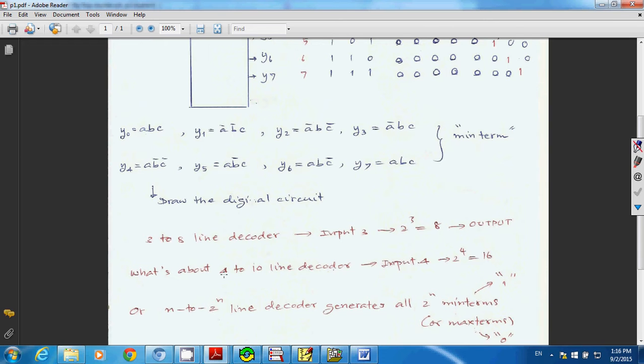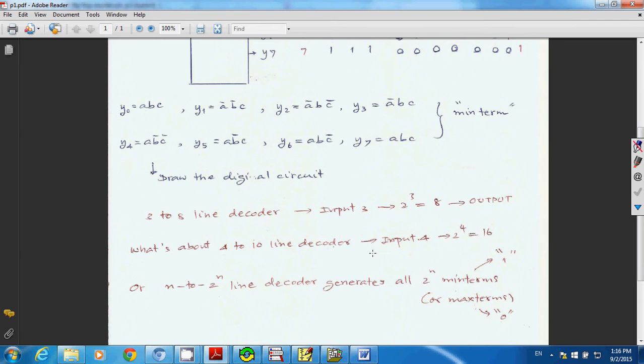Now you're probably wondering, if I have a 4 input, or 4 bits to 10 line decoder, what does this mean? This means you have 4 input bits, which would give you 16 outputs, but sometimes we use only 10 lines and ignore the rest.